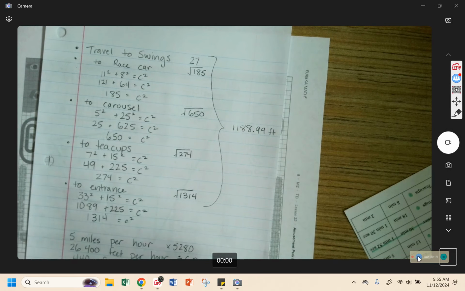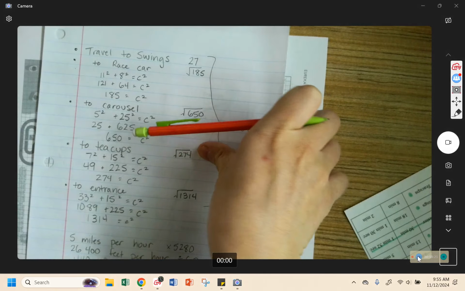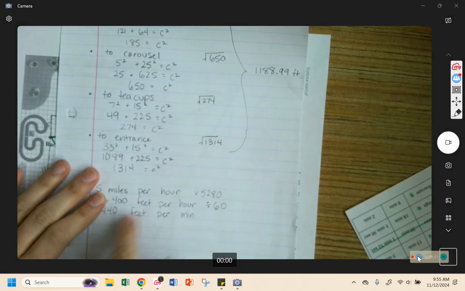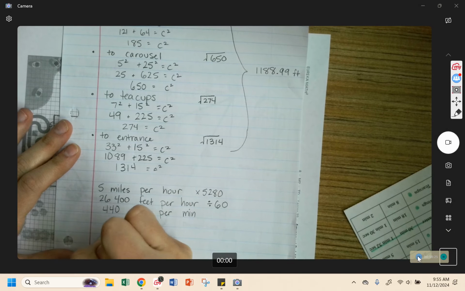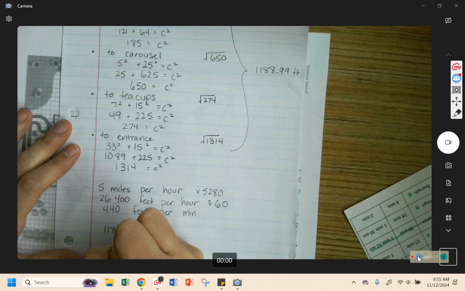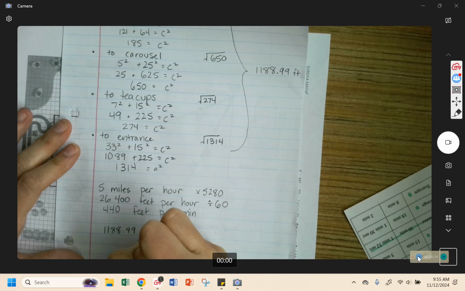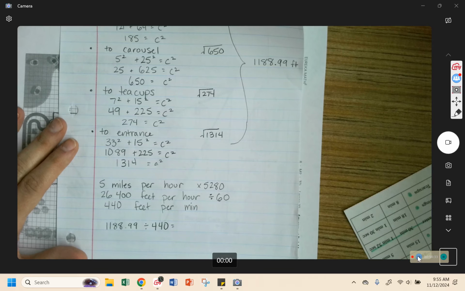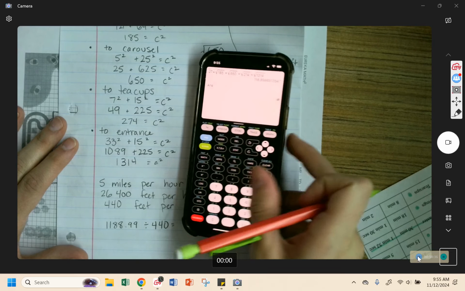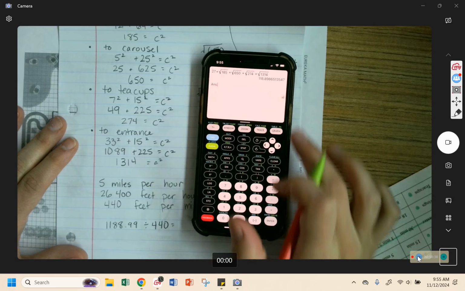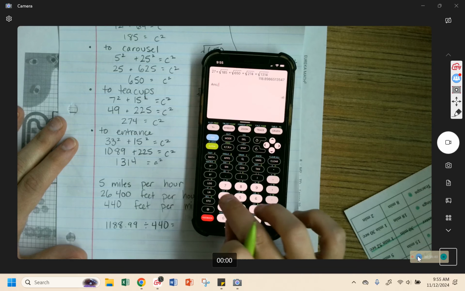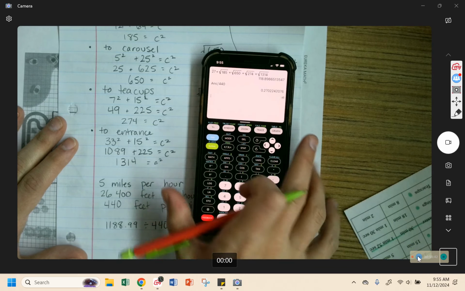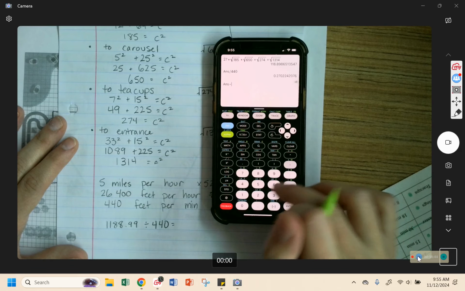So now we need to figure out how long that takes. If they can go 440 feet per minute, we need 1,188.99 divided by 440 to tell us how many minutes it takes them to travel. I'm going to leave that whole value in my calculator from before and divide by 440 so I don't get any round off error.